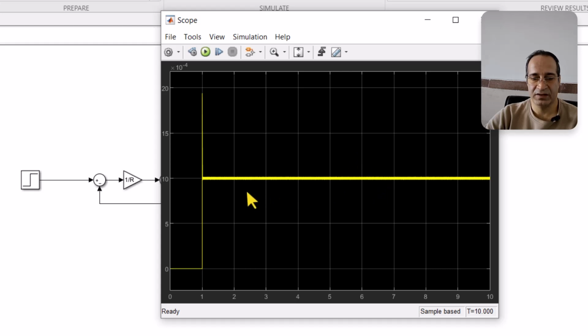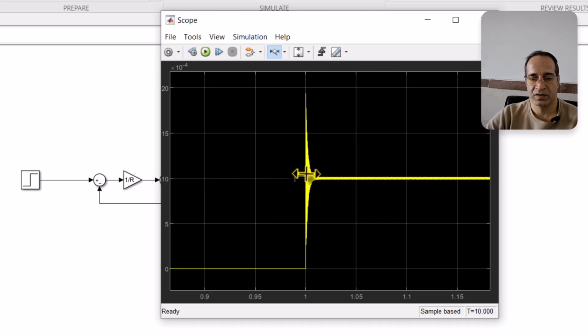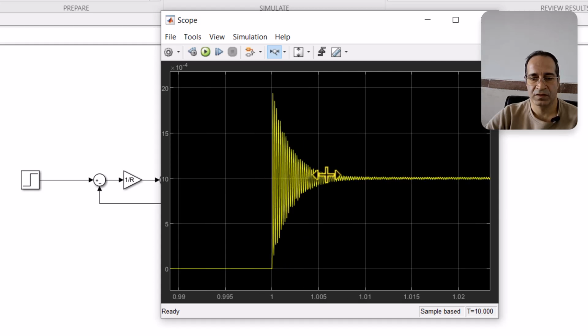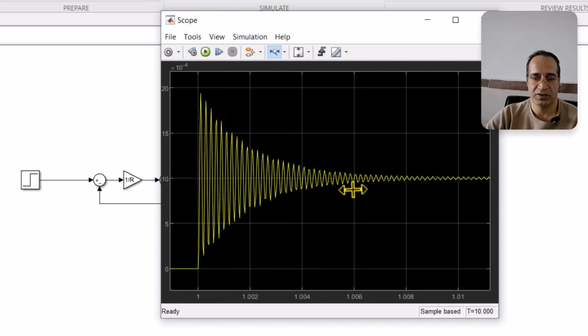I don't need to simulate this circuit for a very long time. The only time I can see is here. I can use the zoom tool over here to see what's going on in this part. This is the response of this circuit for the given parameters. As you see, it oscillates.